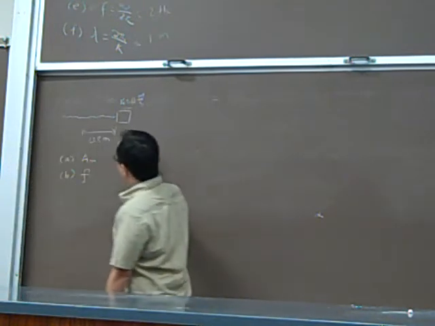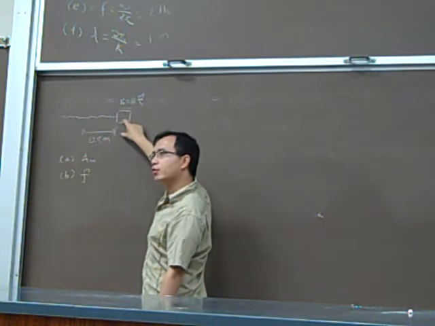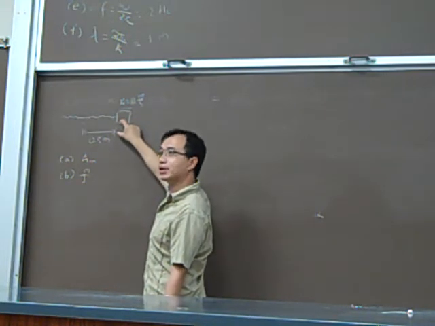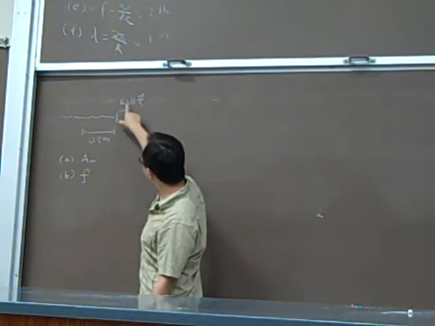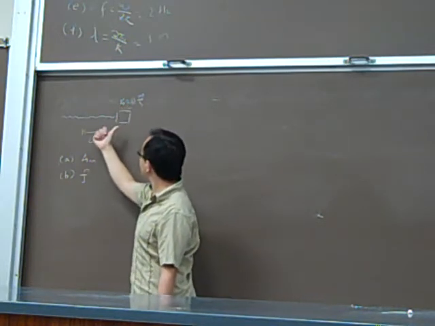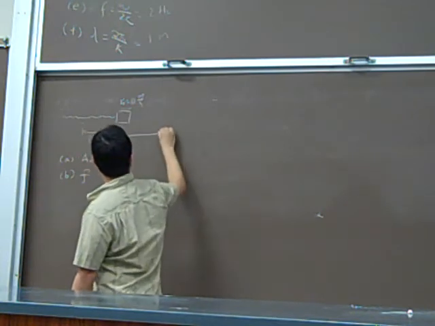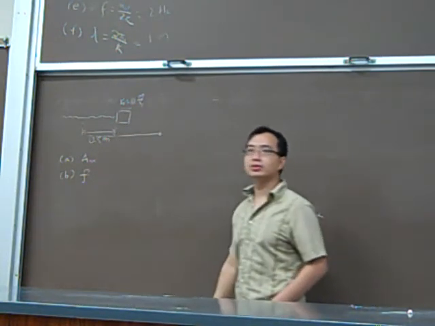If I just pull it 0.5 meter and let it stay there, that would be the amplitude. But I'm not letting it stay there. I still give it some energy, velocity. So it can still go further, and it can probably reach some place here. This is the amplitude.